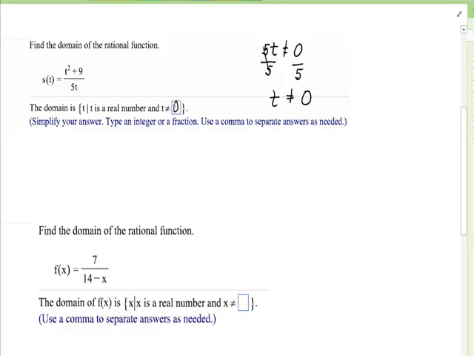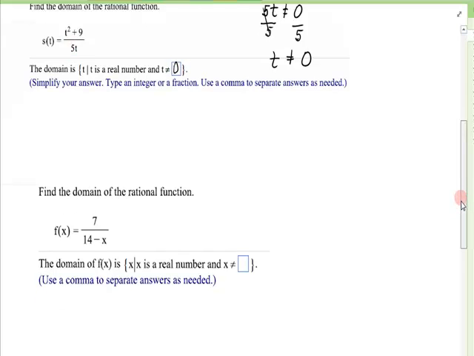You're finding what I like to refer to as the domain restriction. You can plug in any number you want to. It might give you an easy fraction to work with. It might give you a nasty looking fraction to work with. But you can plug in anything you want except 0 because that will make it undefined.